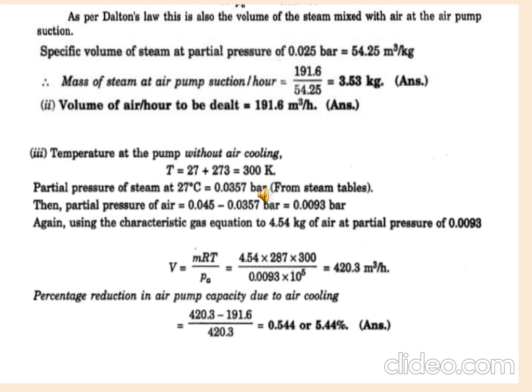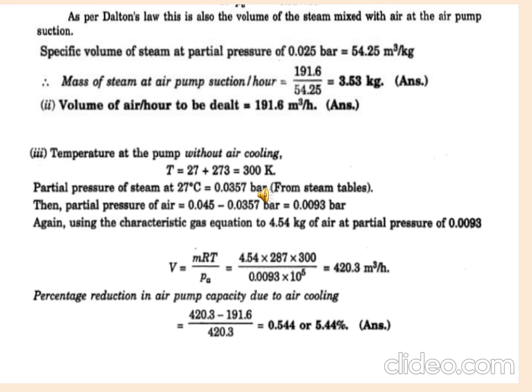Next, according to Dalton's law, we got the VA value. After that we have to find out our mass of steam. Okay, mass of steam, our formula is VA by VG. VG we already got for 0.025 bar: VG equals 54.25 meter cube per kg.